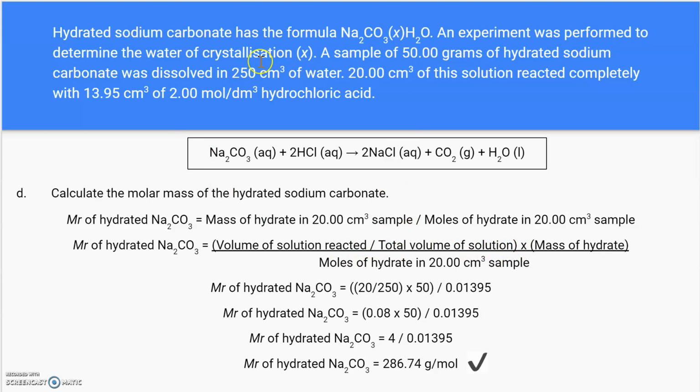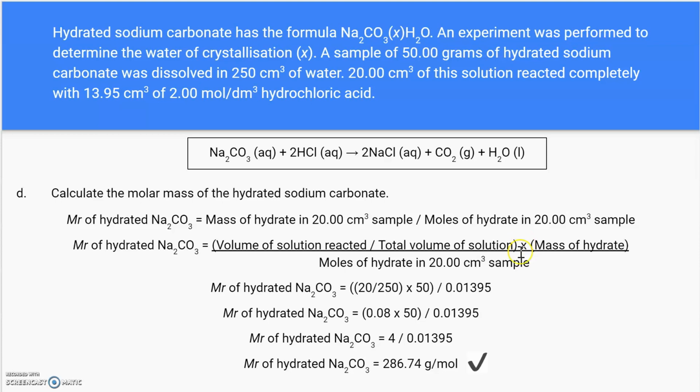The original solution that was made was 250 centimeters cubed, and 20 centimeters cubed were taken out of that 250. So we're taking that volume of solution that was reacted and dividing it by the total volume of the sample that was initially created.